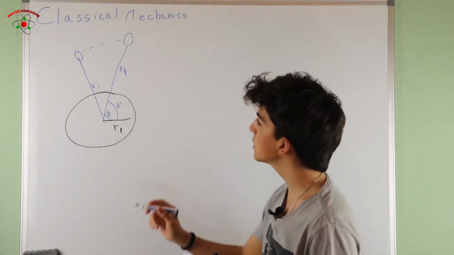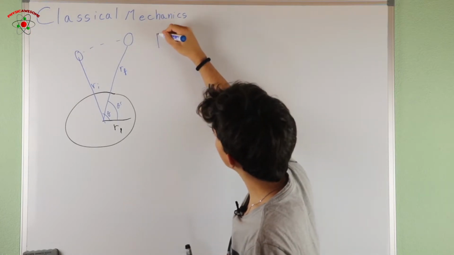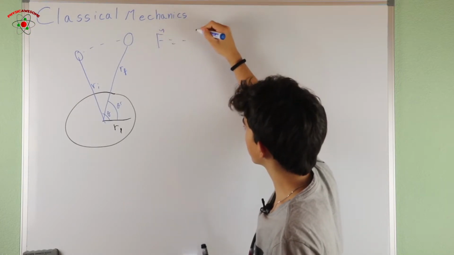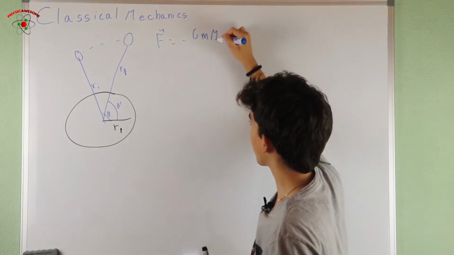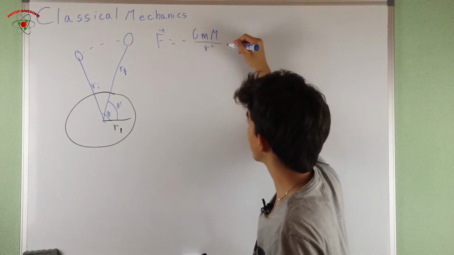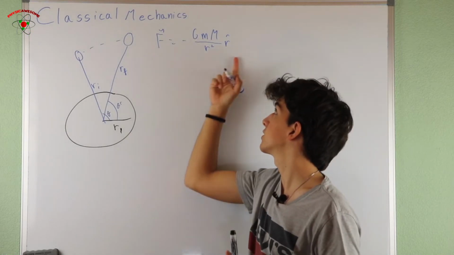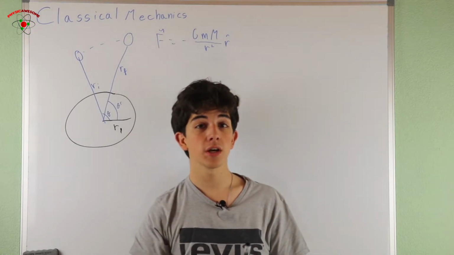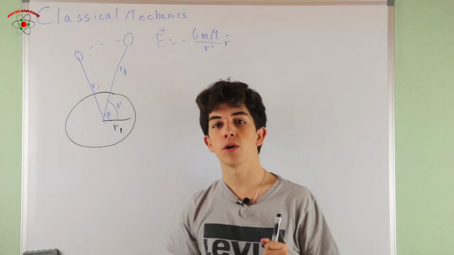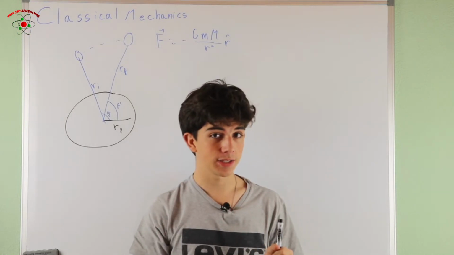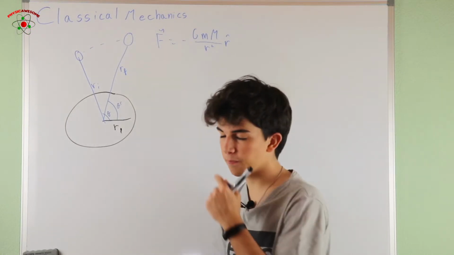So what we see is that the force of gravity, which is minus GMm over r squared in the r hat direction, acts in the r hat direction. And if you don't remember this formula, you should go watch part 5 of our classical mechanics series, in which we introduce gravity.